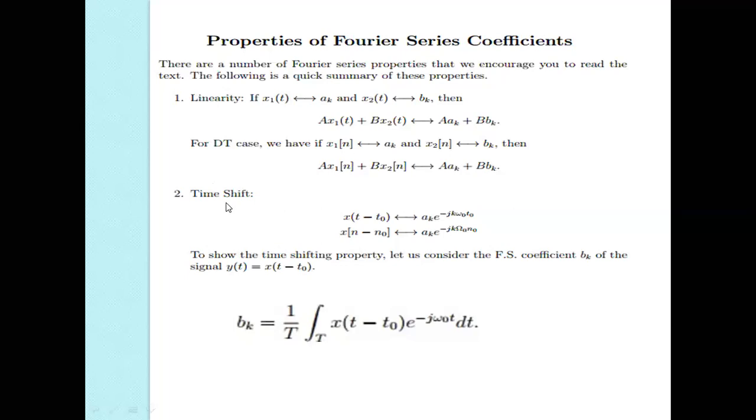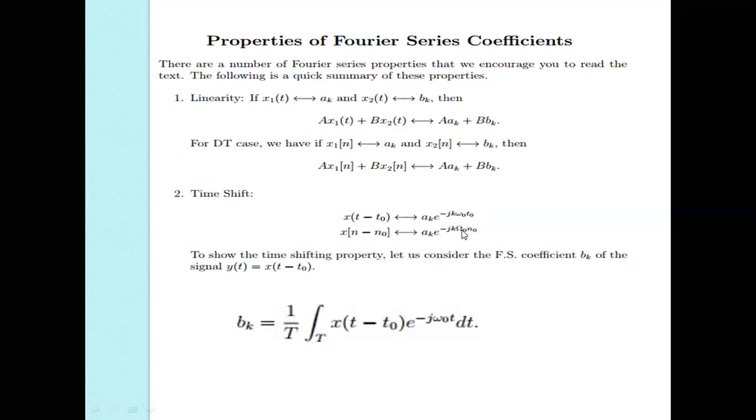The second one, time shift property. What is the time shift property? x of t minus t naught, applying the Fourier series, instead of x of k, we are taking the coefficients a of k. Remember that. A of k into e power minus jk omega naught t naught. In the discrete time function, x of n minus n naught is a of k, e power minus jk omega naught n naught.